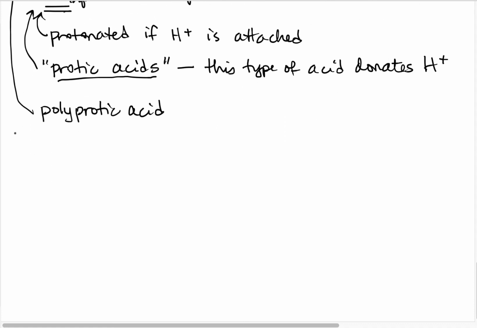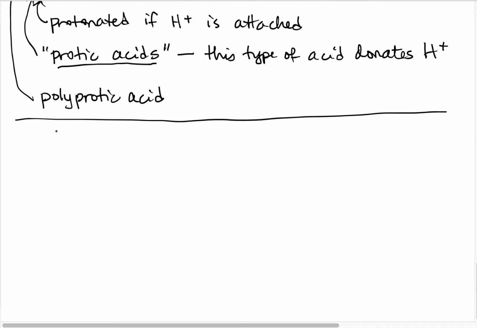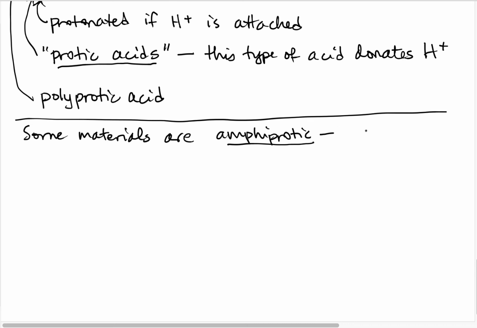The other thing that you will hear when we're talking about acids is that there are some materials that are called amphiprotic. And an amphiprotic material means that it can act like an acid or a base.